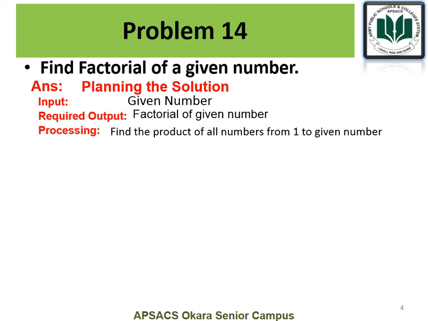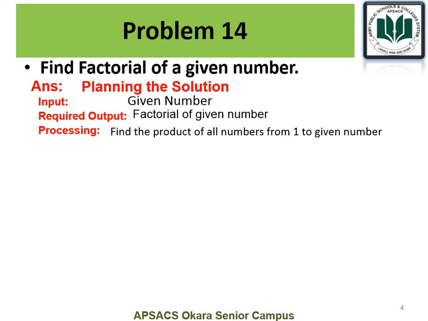So let's discuss the factorial mathematically. In the mathematical expression, the symbol used for factorial is the exclamation mark. When you have to find the factorial of 10, you will write 10 and after that you will write an exclamation mark. So it is the mathematical expression for the factorial, 10 factorial.